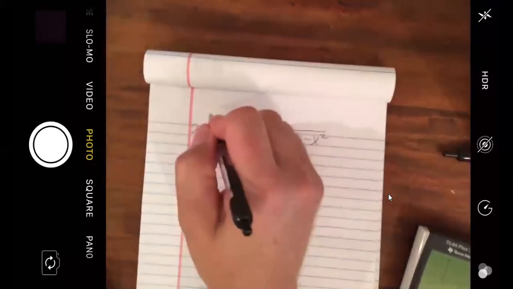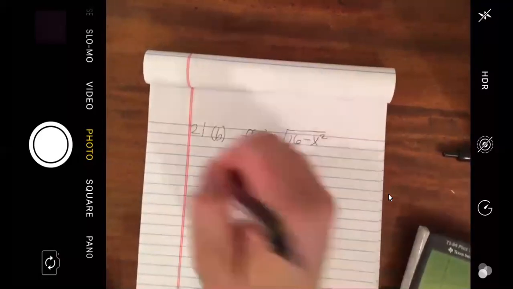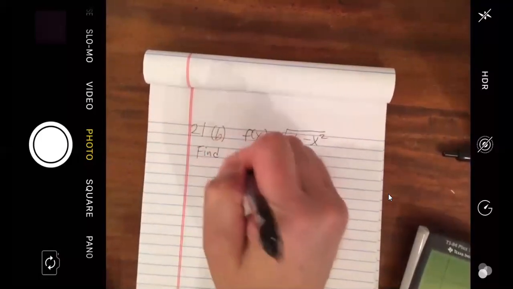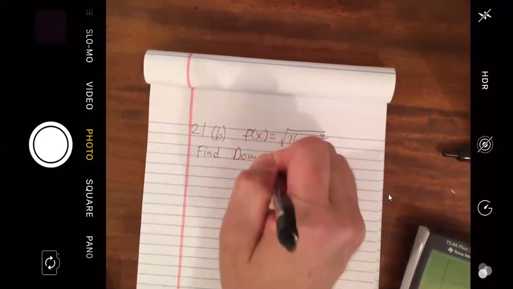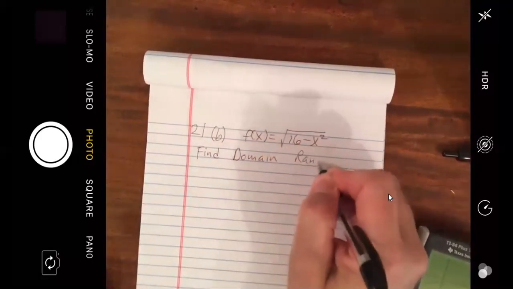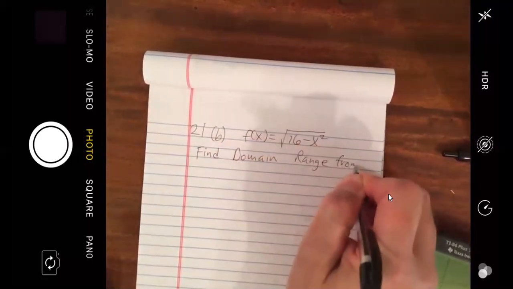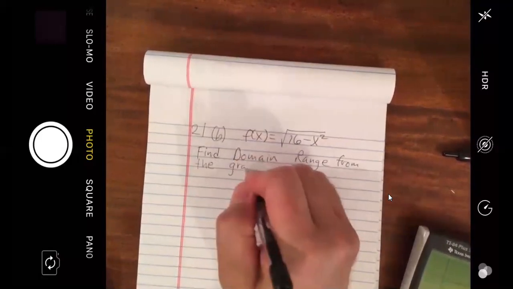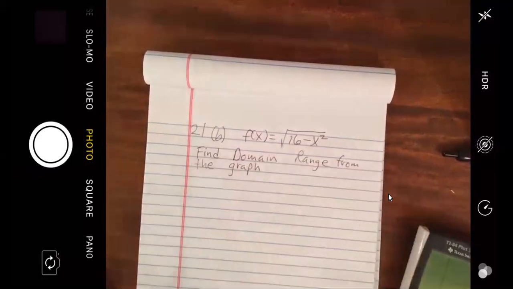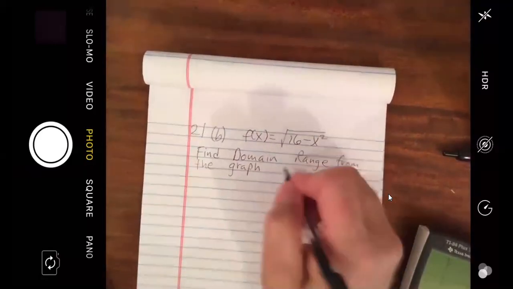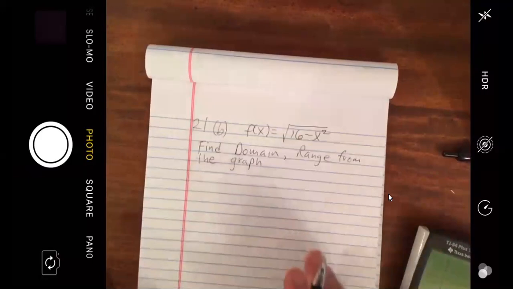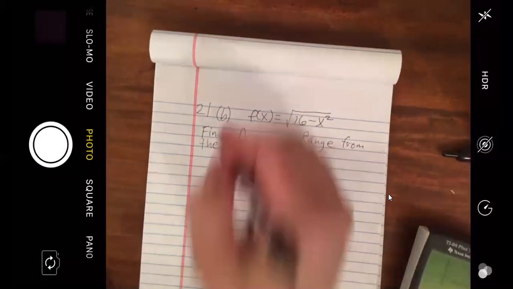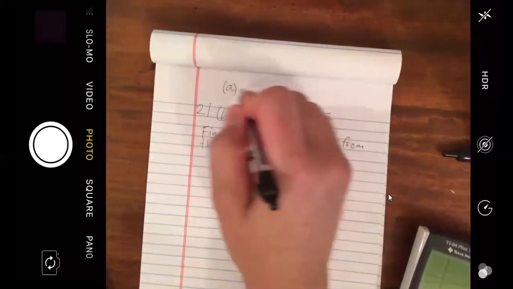All right, if you wanted the graph, find domain and range from the graph, it wouldn't be hard. The algebra would be a little bit harder, you've got to solve an equation out of the last section. Part A, quick graph.